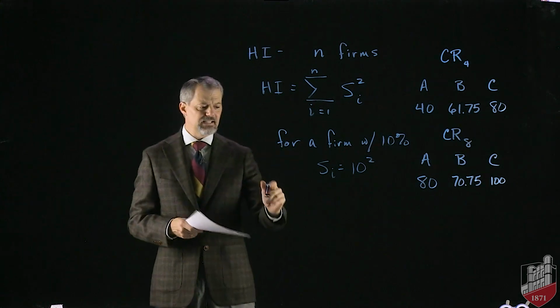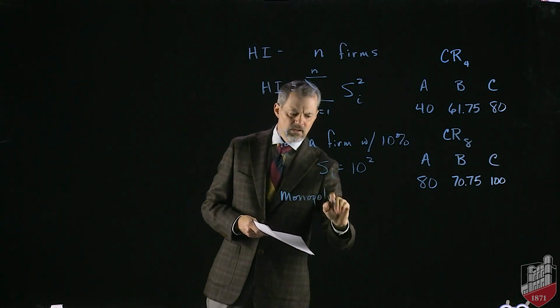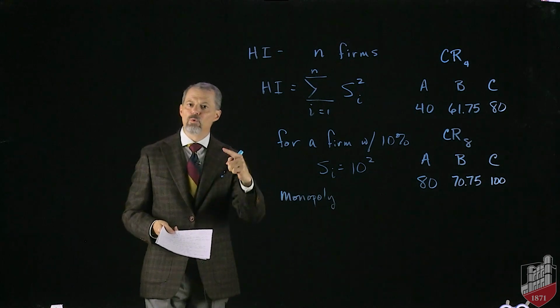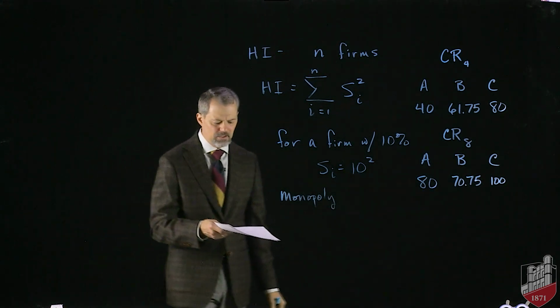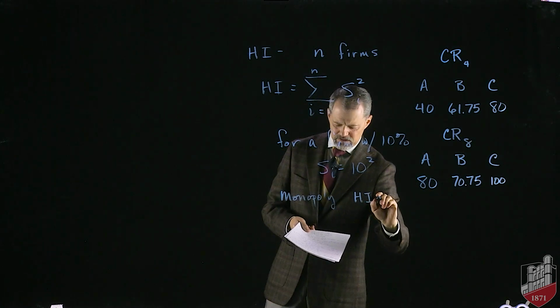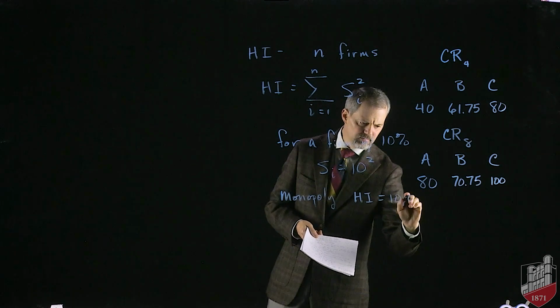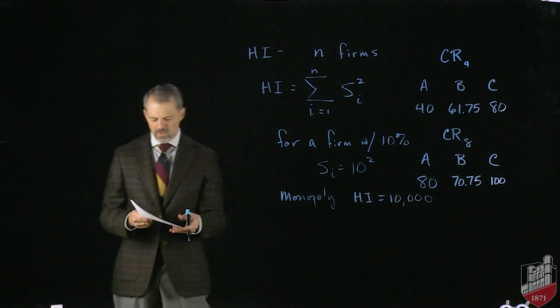So let's think about a monopoly. If we had a monopoly, that would be one firm with 100% of the market. It would be 100 squared, so that Herfindahl-Hirschman index would be equal to 10,000 if we had a monopoly. So that's obviously one extreme.